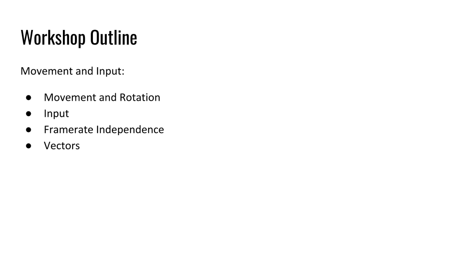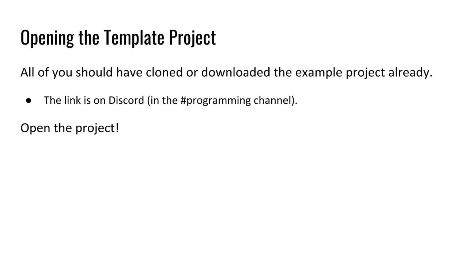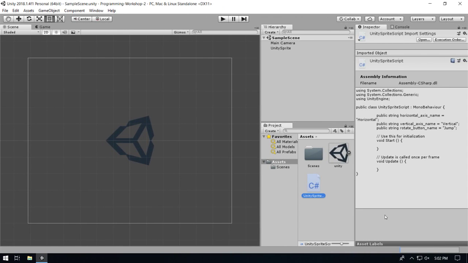So, first things, everyone should open the template project. If you haven't downloaded the template project, the link is in the Discord. Please do that as soon as possible, because we're going to be using that during the workshop. So this is what it should look like.